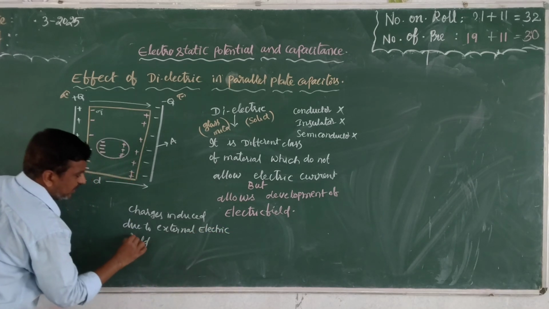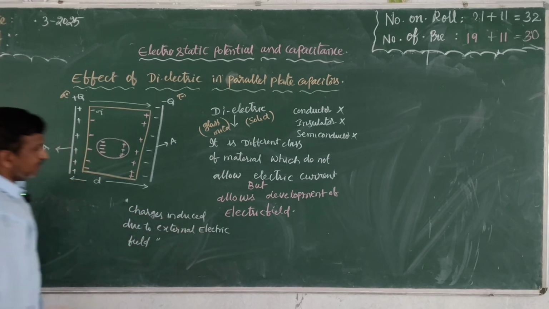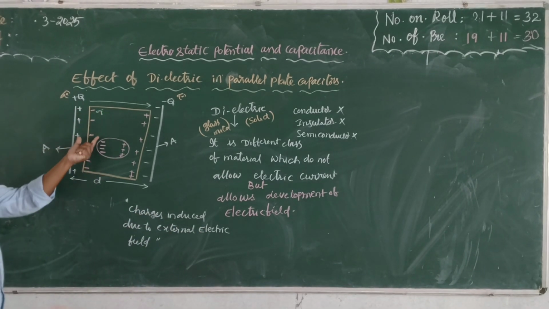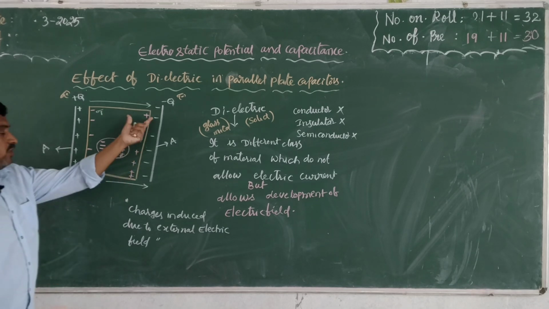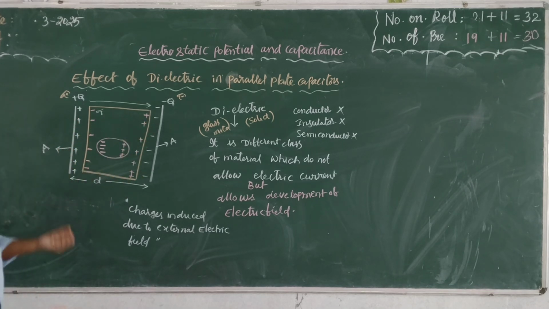Due to the external electric field, charges are induced, negatively charged on one side and positively charged on the other. So we can write it as induced surface charge density.